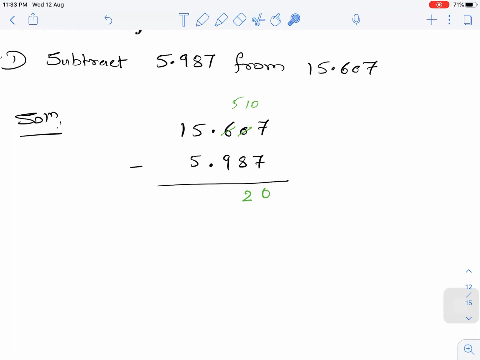Now 9 cannot be subtracted from this 5, so again we borrow 1 from this 5, so this 5 becomes 4 and this becomes 15. So 15 minus 9 is 6. Next, we cannot subtract 5 from this 4, so this 1 will become 0 and we write here 14. So 14 minus 5 is 9. Now you have to put this decimal here, decimal below decimal. So what will be our final answer?